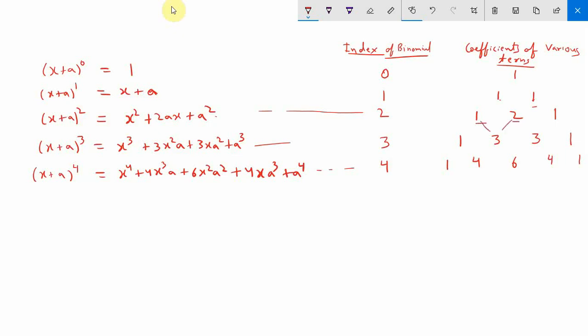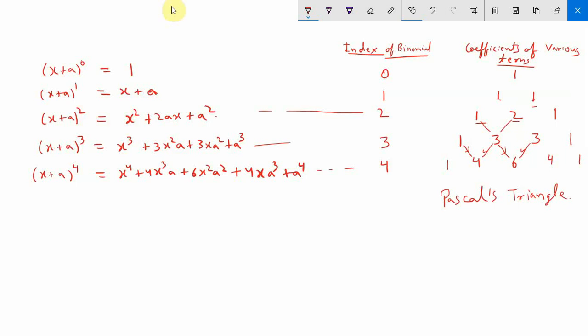Similarly here, 3 plus 3 will give 6, and this 4 came from 1 plus 3. So this pattern is called Pascal's triangle. Okay, from this we can easily expand.